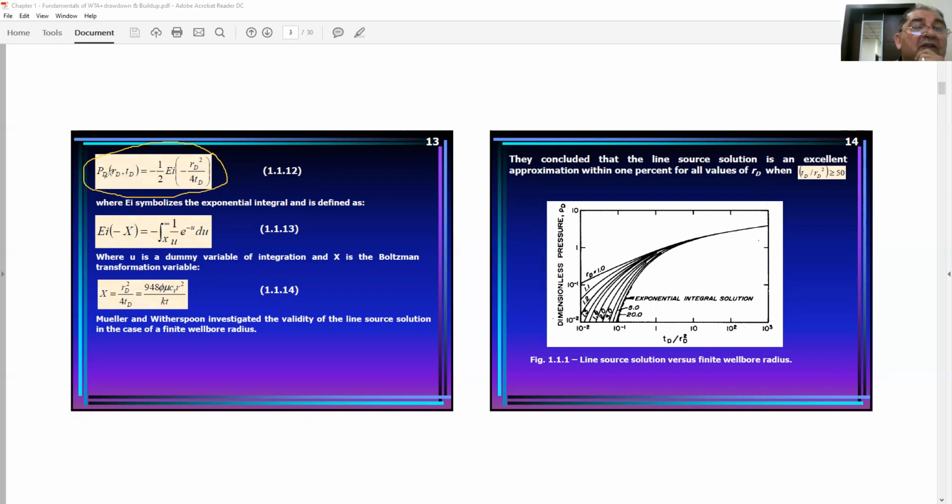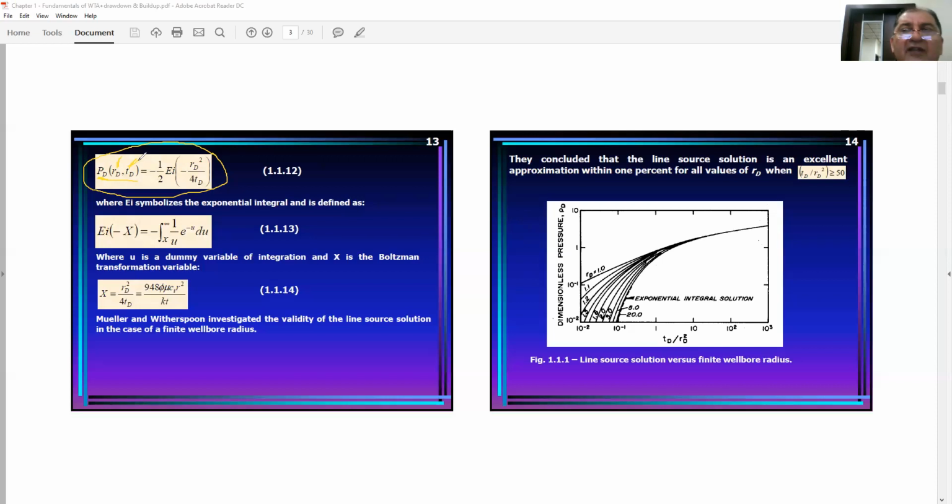So the solution says that the pressure in dimensionless form, at any point R sub D in the porous medium, and at any time T sub D, dimensionless time. Again, when I say PD, I'm talking about dimensionless pressure, but it is pressure.